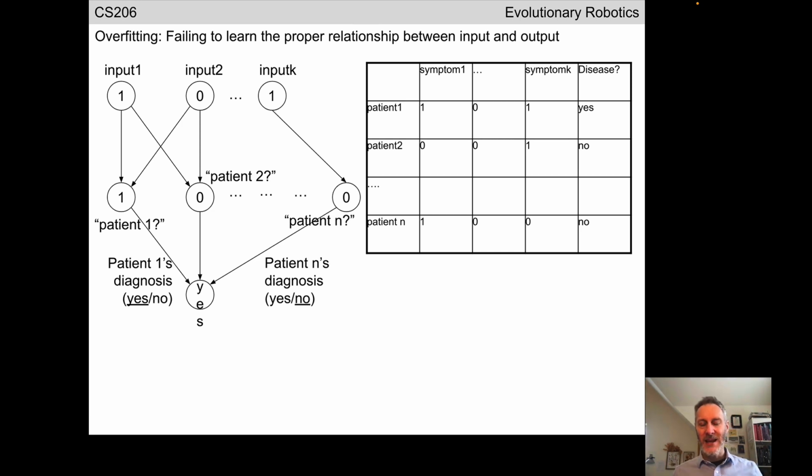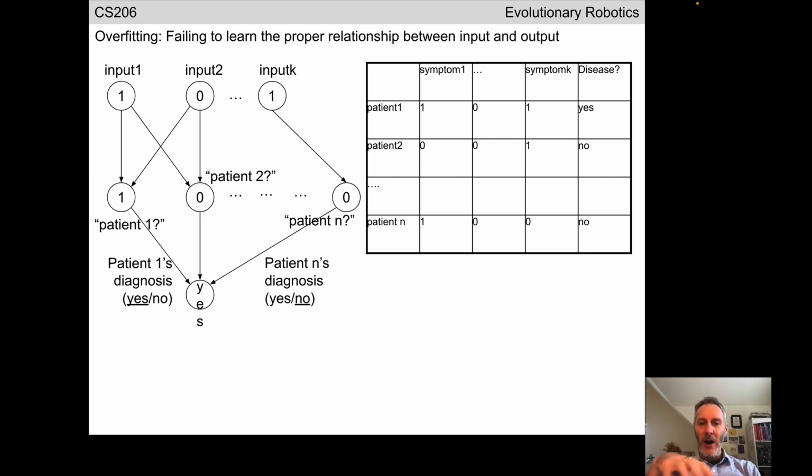It's fit all the data, but has avoided having to learn the underlying pattern of how the symptoms predict the disease or not. Again, how does this relate to robotics? You're going to evolve your robot to perform various tasks.